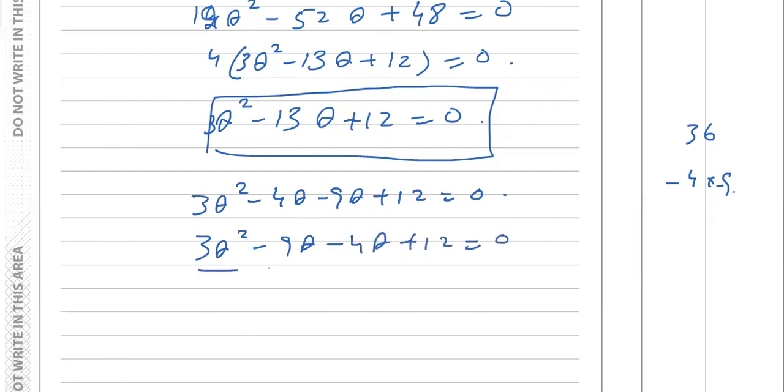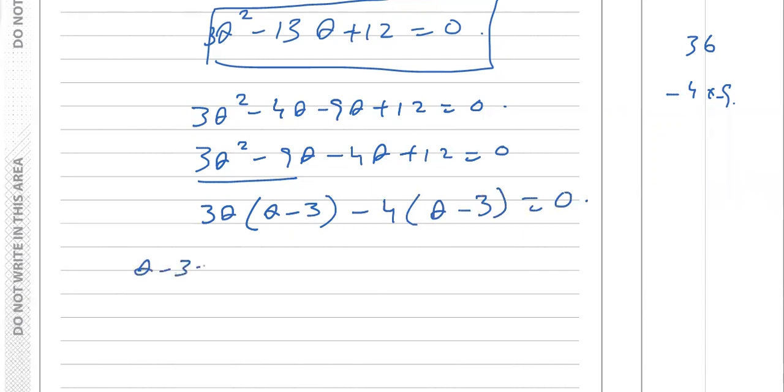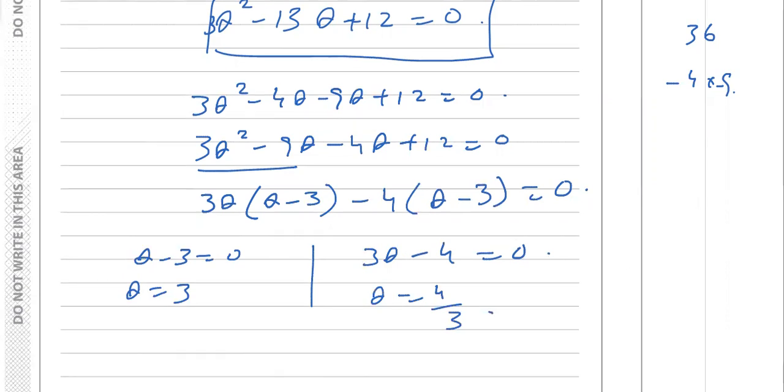I can take 3 theta common from these: 3 theta (theta minus 3), and minus 4 common from here: minus 4 (theta minus 3) equals 0. So the two possible values of theta: theta minus 3 equals 0, or 3 theta minus 4 equals 0. So theta will be equal to 3, and theta will be equal to 4 over 3.